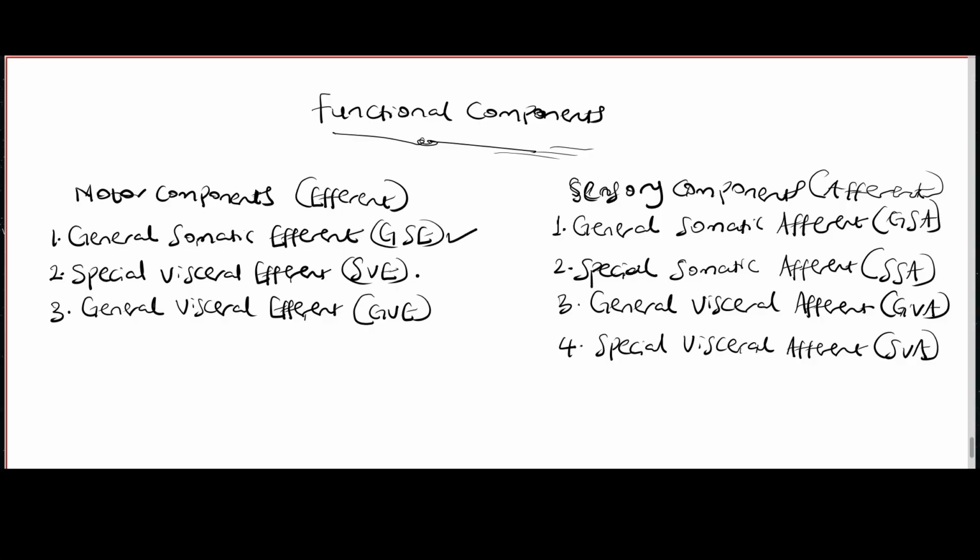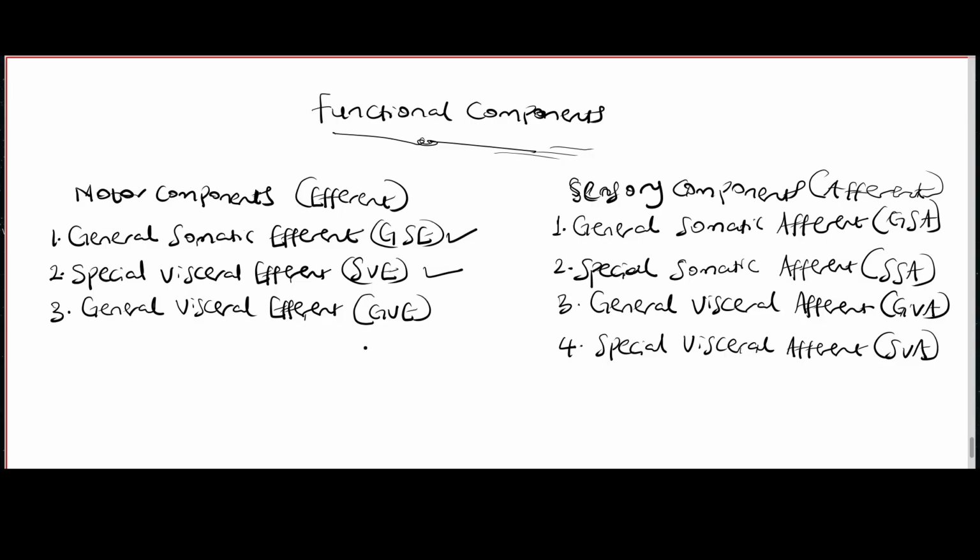The next motor component is the special visceral efferent. This simply means motor fibers to muscles that are derived from pharyngeal arches. Embryologically, the muscles that are derived from pharyngeal arches, like muscles of chewing and muscles of facial expression, are supplied by the special visceral efferent components.